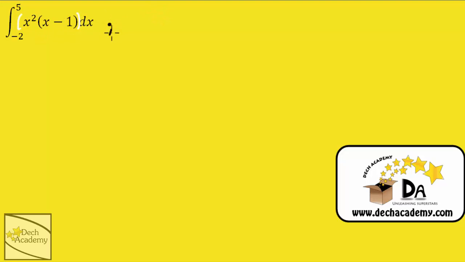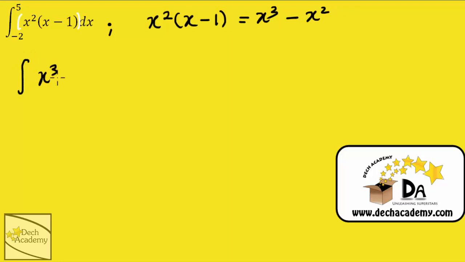From the expansion videos in the algebra course, you know that x squared times x minus 1 is x squared times x, which is x cubed, minus x squared times 1, which is x squared. So what we're doing is integrating x cubed minus x squared with respect to x, upper limit of 5, lower limit of minus 2.